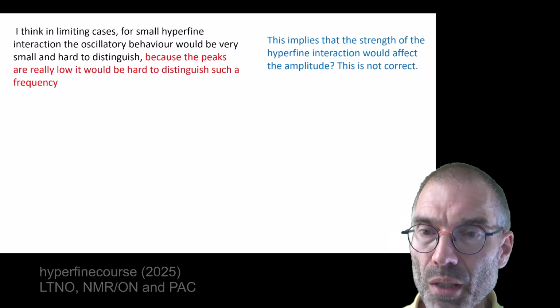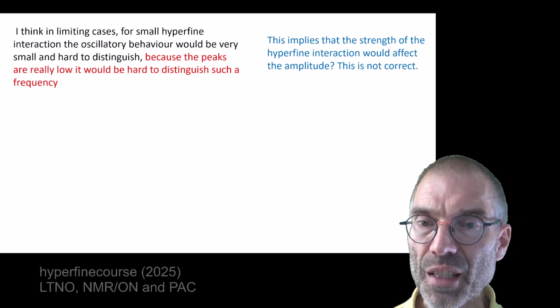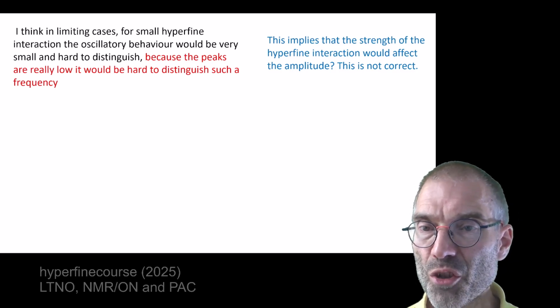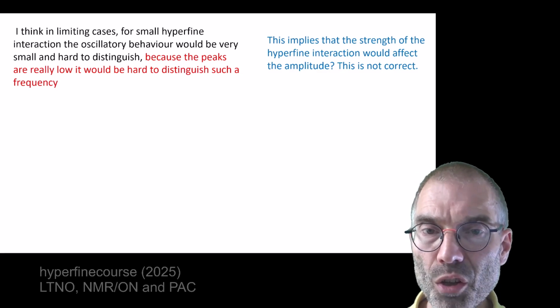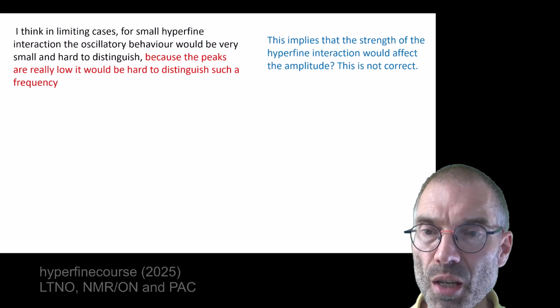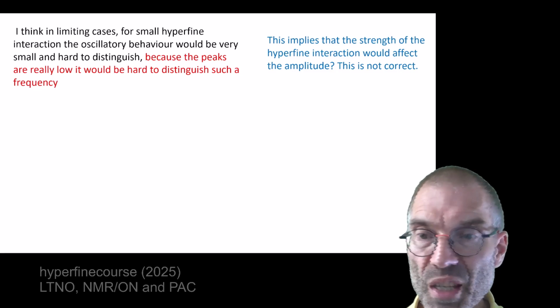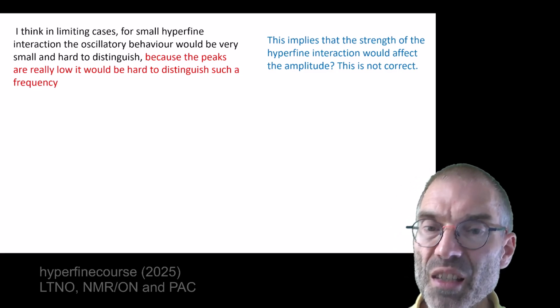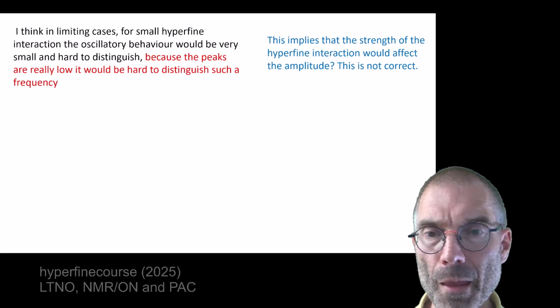One possible answer, somebody writes: I think in these limiting cases, for a very small hyperfine interaction, the oscillatory behavior would become very small and hard to distinguish because the peaks, the bumps in the oscillation, are really low and it would be hard to measure such a frequency.